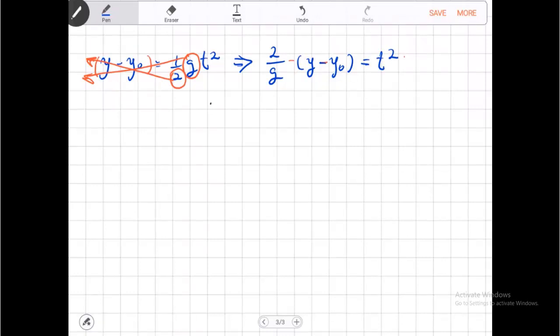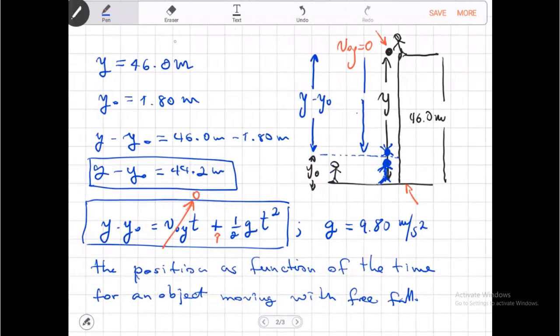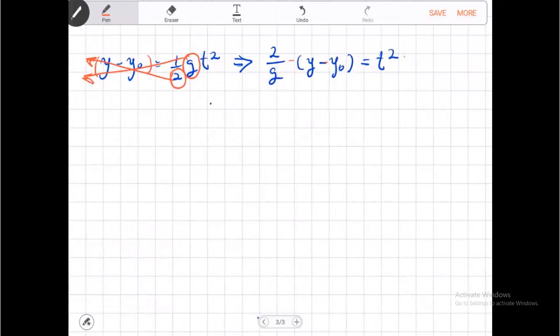What we want to do is calculate the time that the egg takes to fall the distance y minus y0, this distance, all the way down. In order to do that, we have to clear the time.